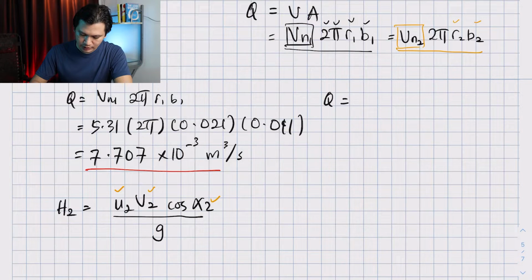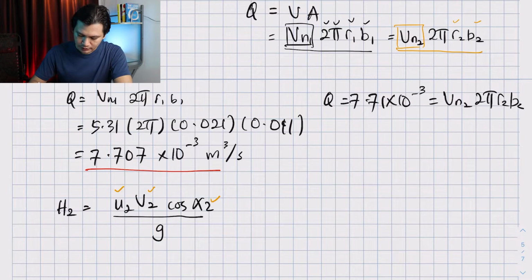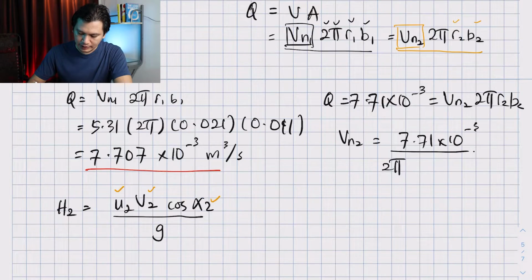So Q, 7.71 times 10 to the power of minus 3, is equal to Vn2 times 2 pi R2 B2. Okay, so Vn2 is 7.71 times 10 to the power of minus 3 divided by 2 pi.